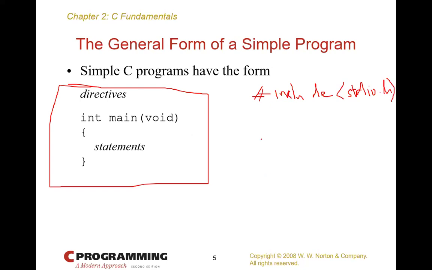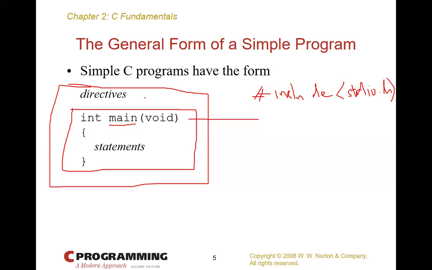This is a directive. After the directive, we have this main function. We call this the main function because its name is main and it's a function. You don't need to know what a function is now, but I'm very sure in the next 2 weeks you'll be professionals at functions. So this is called the main function and this is called the directive.